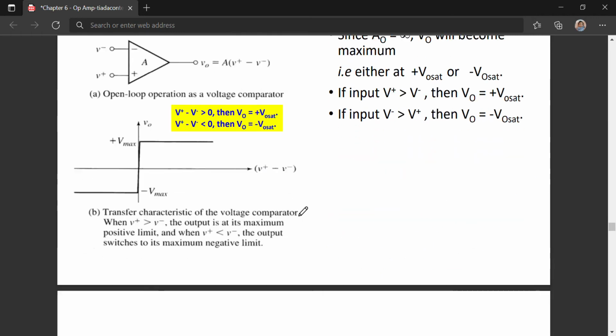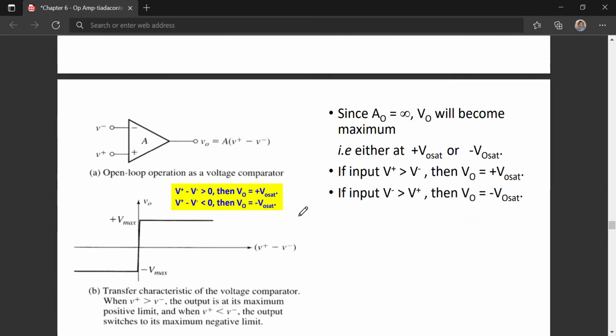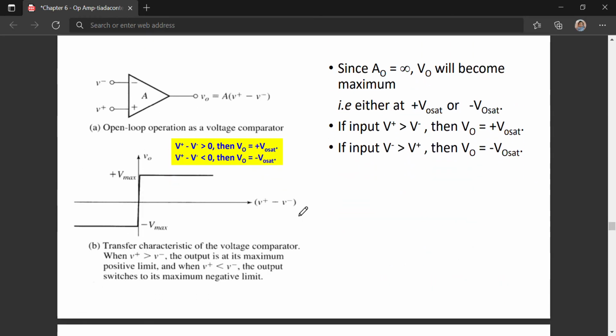Okay, and then next, here shows that the input signal is V minus and V plus, and then we have Vout. However, the gain will be still the same. V plus minus V minus multiply with the gain.